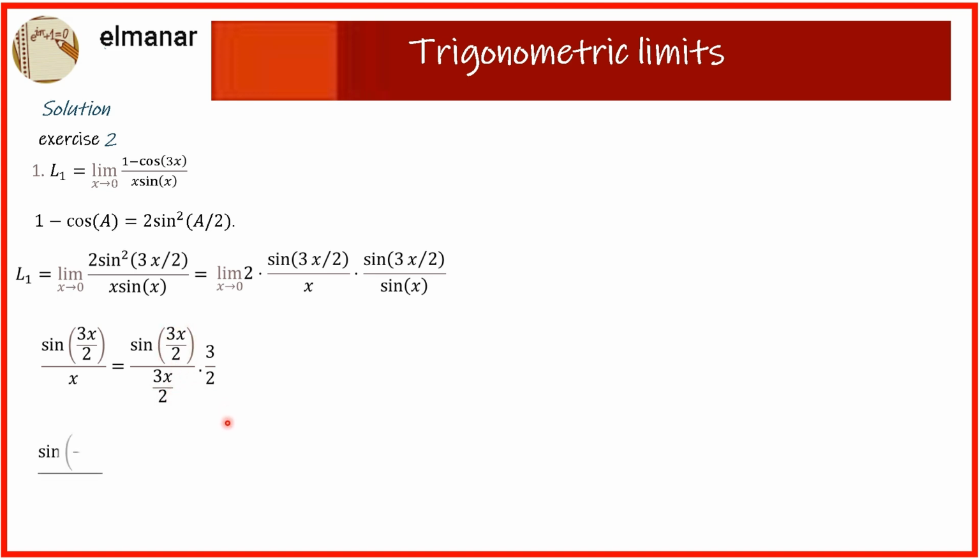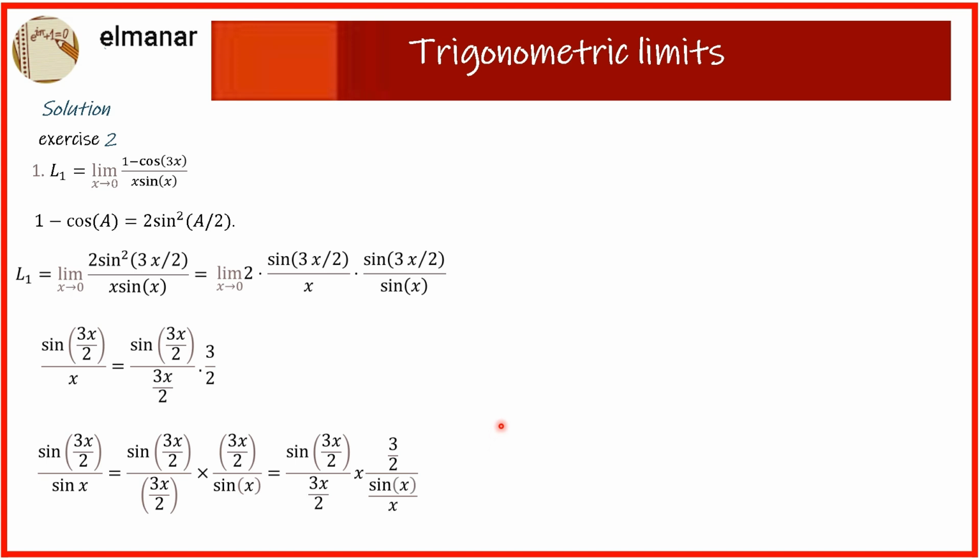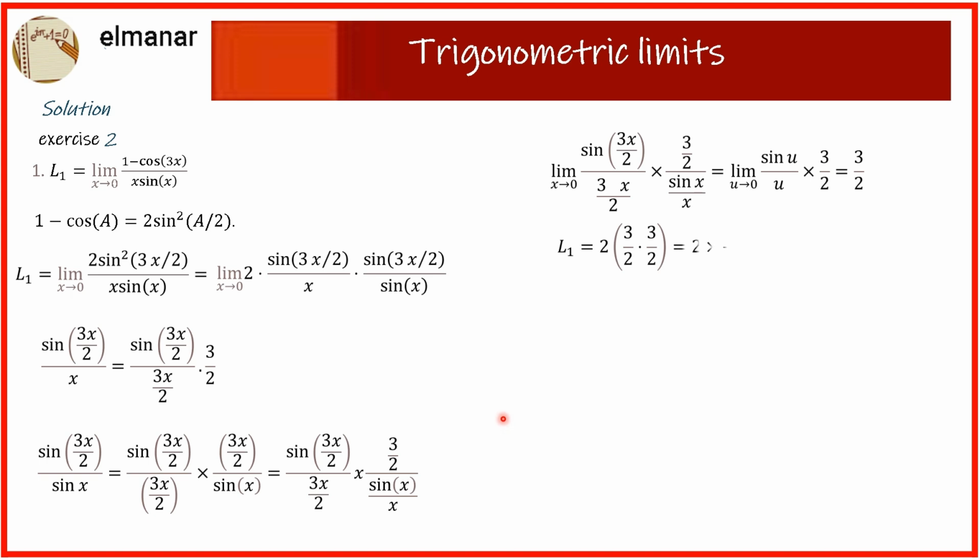Working carefully, we arrive at L1 equals 2 multiplied by 1 multiplied by 3 over 2 multiplied by 1 multiplied again by 3 over 2. This finally gives 9 over 2, that is 4.5.